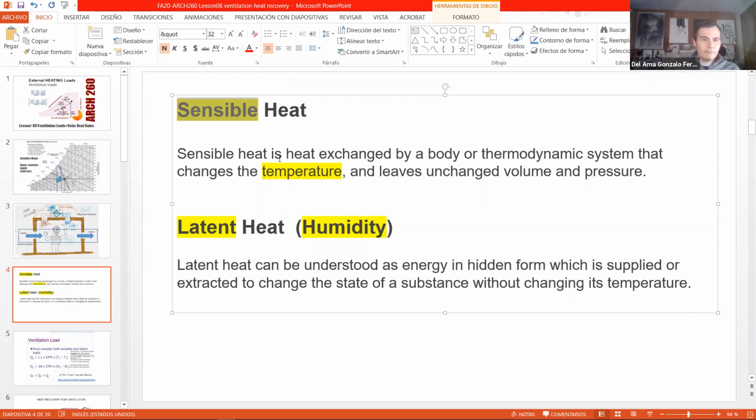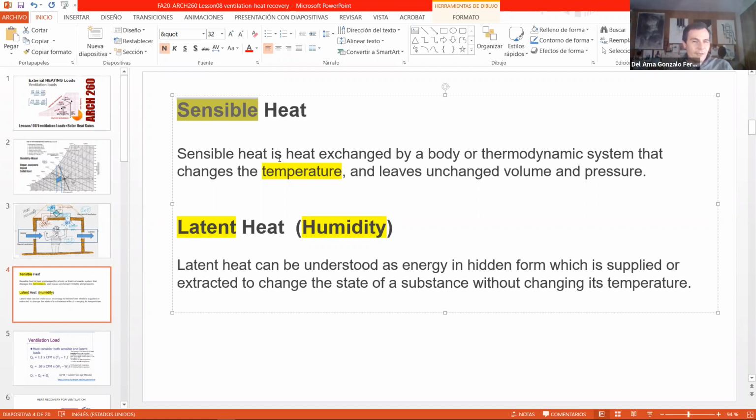with sensible heat, we don't have any change in the water content. Okay, so with sensible heat, we turn on the heating system and it increases the temperature, but the amount of water doesn't change. When there are people in the room, people are breathing, we are expelling moisture, and we are changing both the temperature and the humidity that we have in the indoor air.